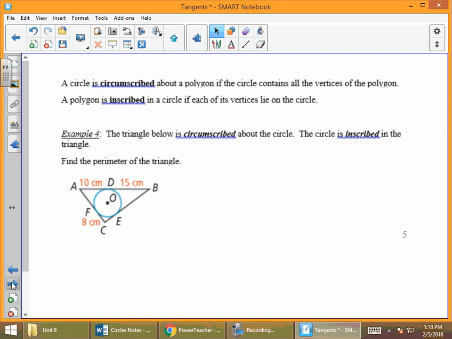That was a circumscribed triangle. A polygon is inscribed in a circle if each of its vertices lie on the circle. So if the circle is inside the triangle, then it is inscribed. Okay, so when you did your construction, you drew the circle inside the triangle.